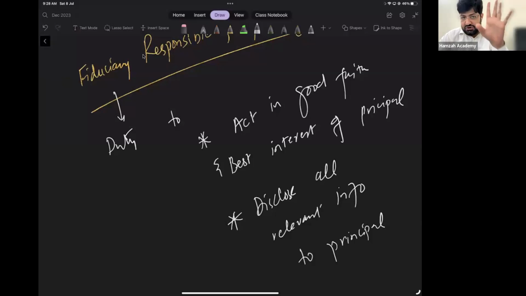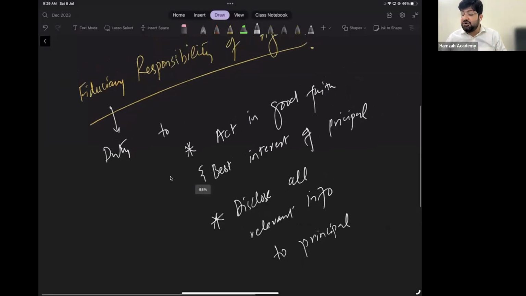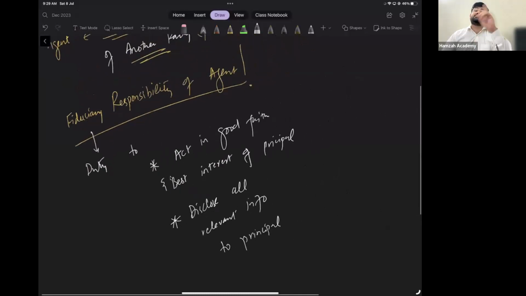This is called fiduciary responsibility. All agents working as agent of any party have this responsibility. So the agent has a fiduciary responsibility towards the principal.